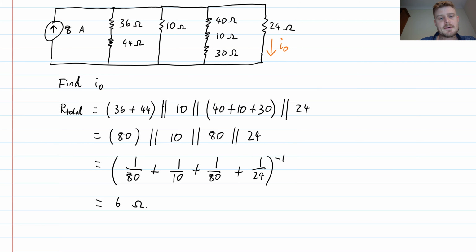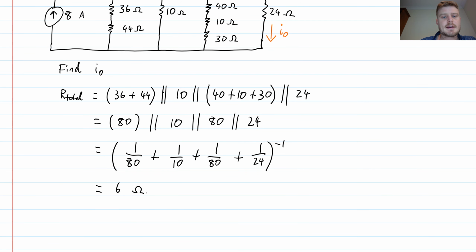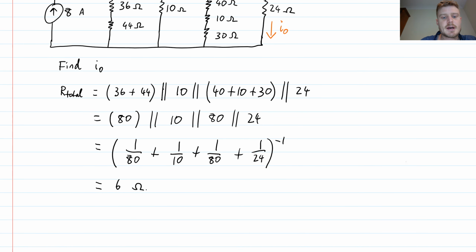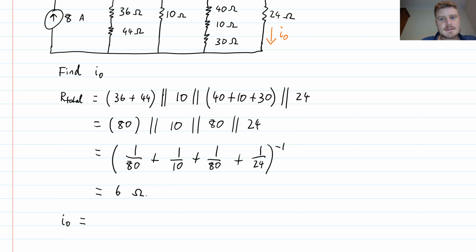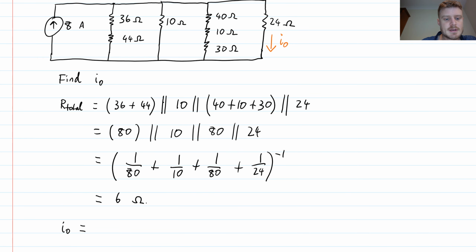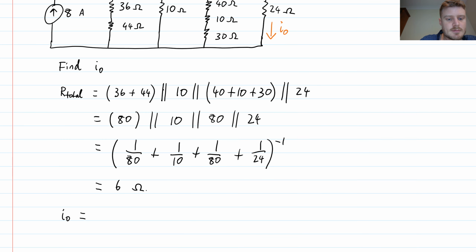So now that I know my total resistance, I can go and use my current divider formula. So that is that I0, the current that I'm interested in, is the input current, which here is 8 amps. So it will be 8 amps multiplied by the total resistance, so R total divided by R branch, the branch that I'm solving.